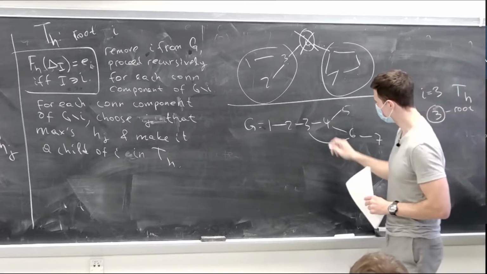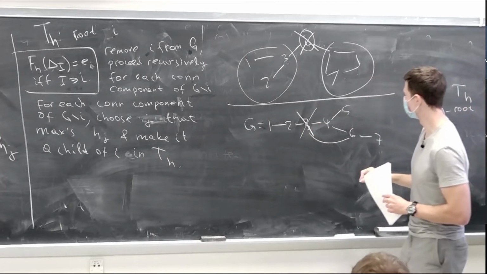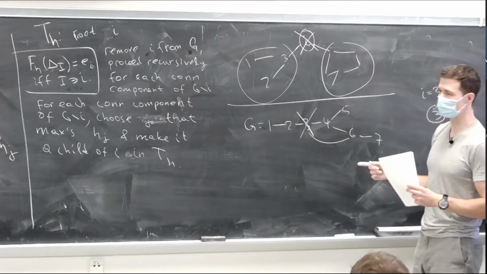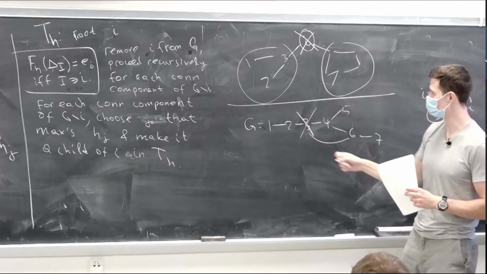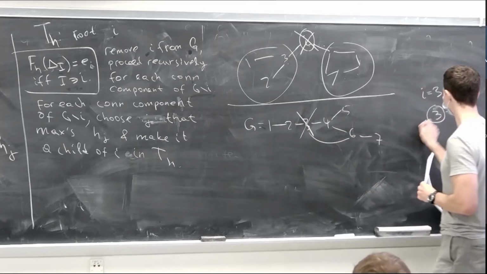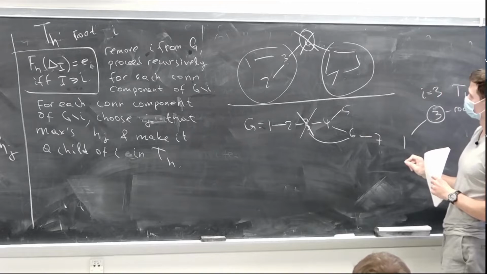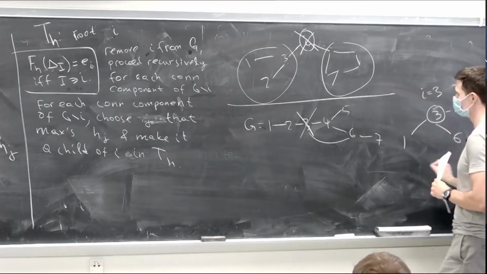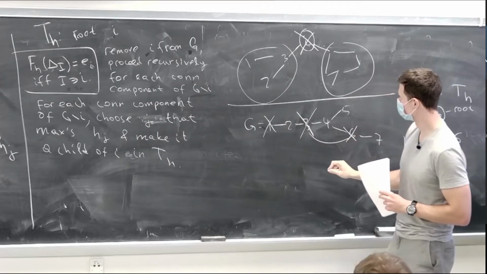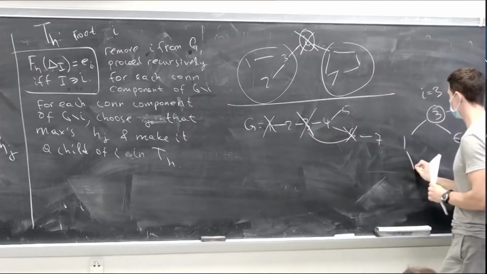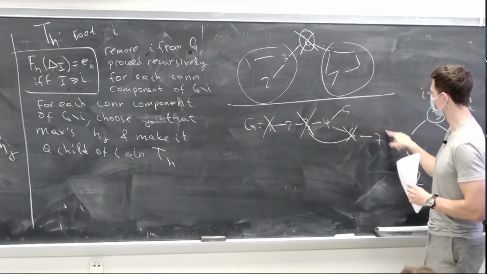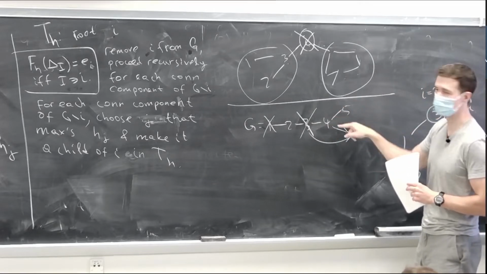I remove 3 from my graph, and so I get two connected components. Now, somebody tell me a maximum h inside of each connected component. 1 and 6. Okay, then I remove 1 and I remove 6. So here I have only 2. And here I have subtrees 4, 5, and 7. Which is bigger, 4 or 5?